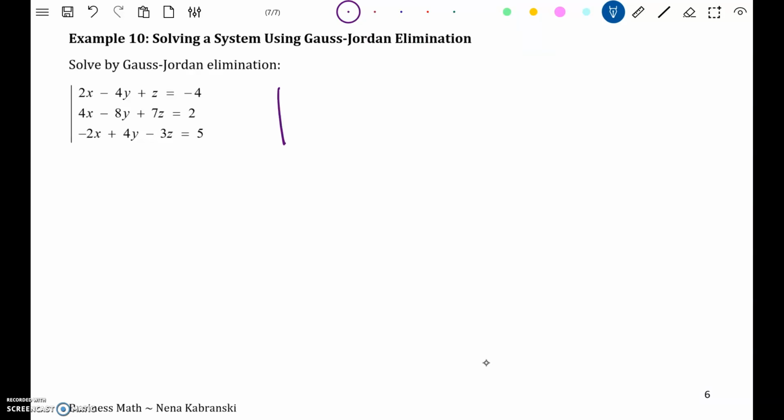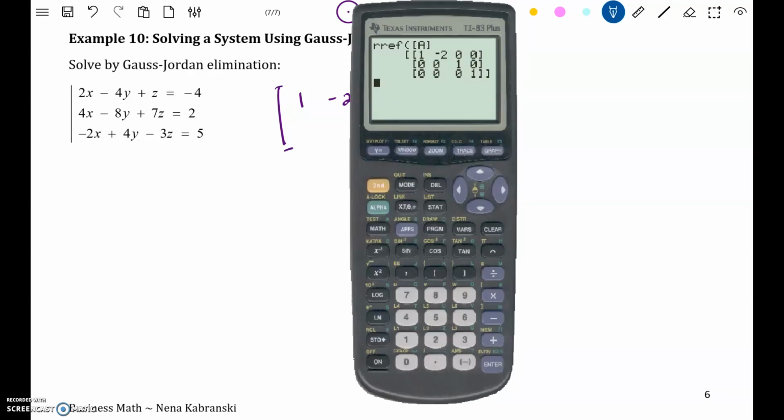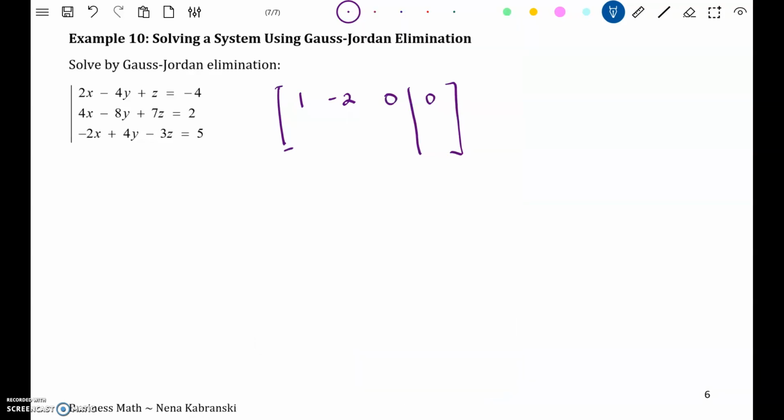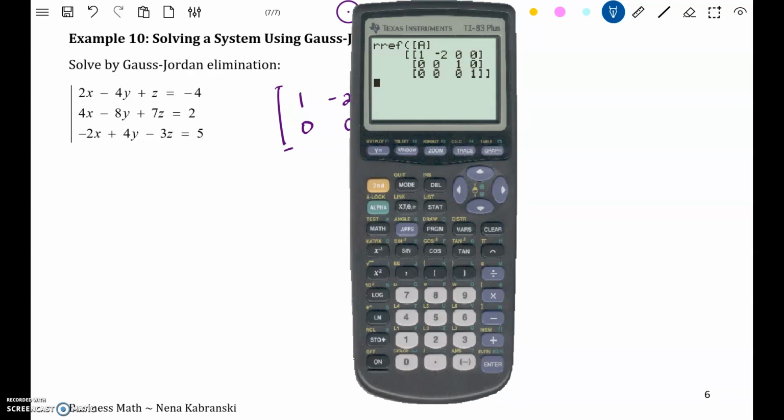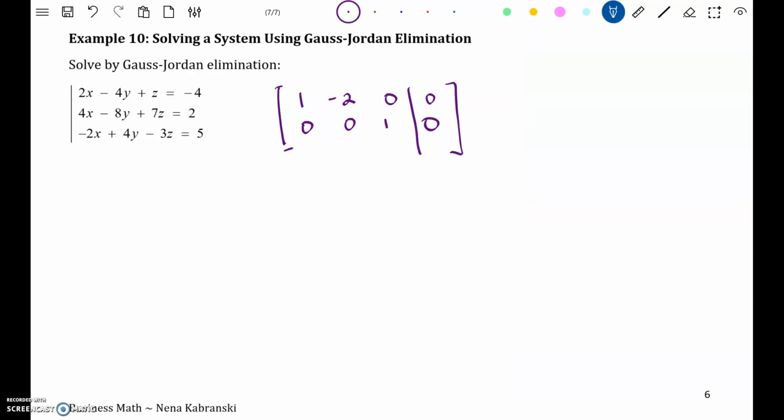So I'm getting 1, minus 2, 0, 0. That's the result here. And then 0, 0, 1, 0, 0, 0, 1, 0, and then 0, 0, 0, 1, 0, 0, 0, 1.